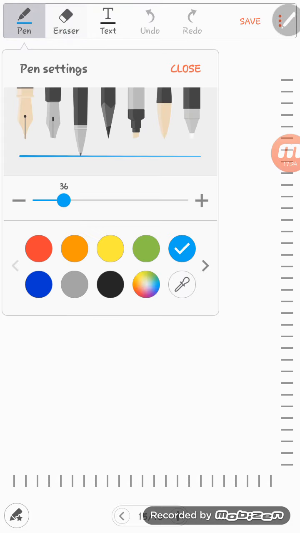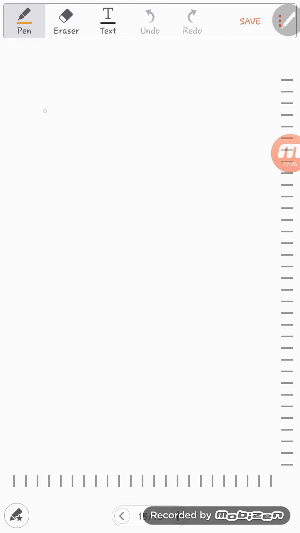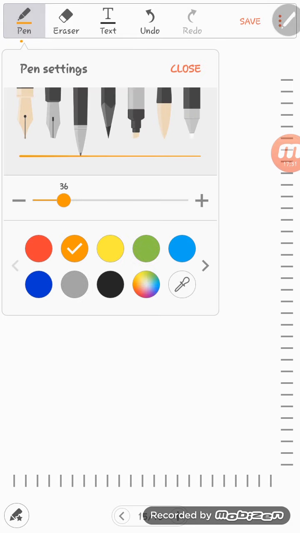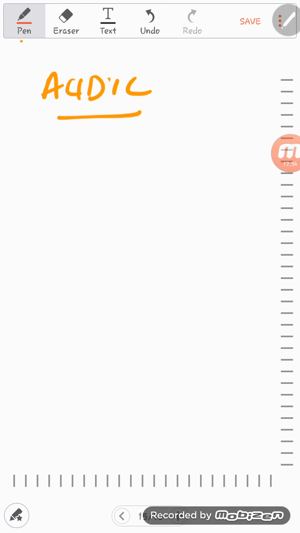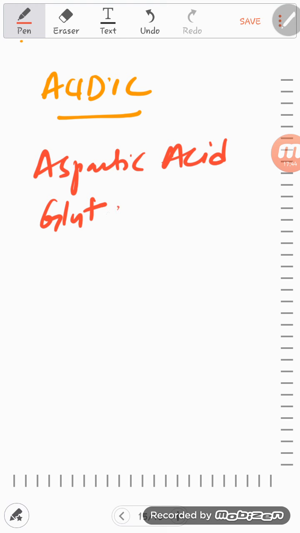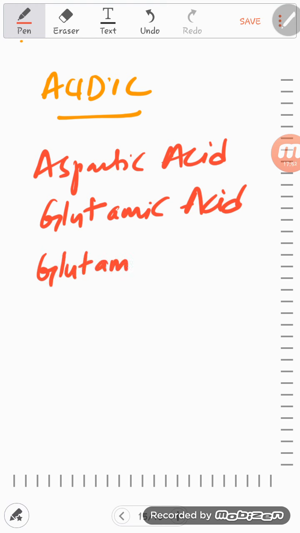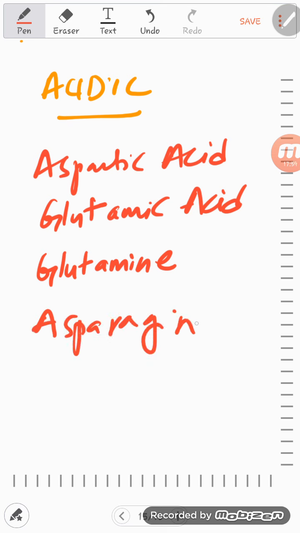The next one is about acidic groups. Very simple. Acidic groups, the answer is aspartic acid, which has acid in it, glutamic acid, which has acid in it, glutamine, asparagine.